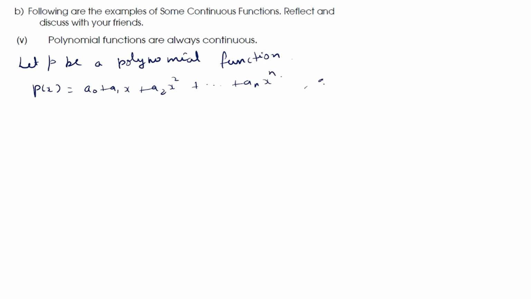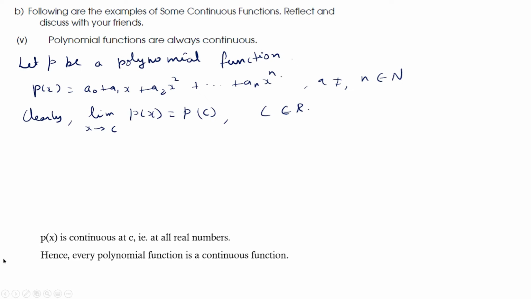Here an is not equal to 0 and n belongs to the set N of natural numbers. Here we have clearly limit x tends to c of p of x is equal to p of c, where c is any real number.